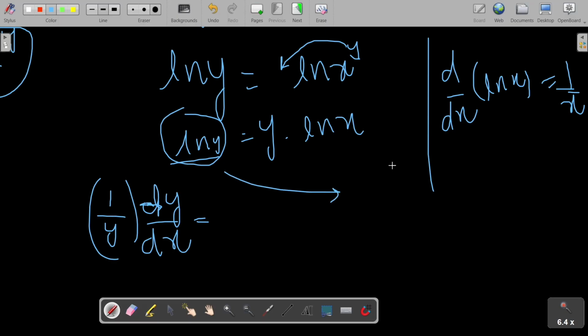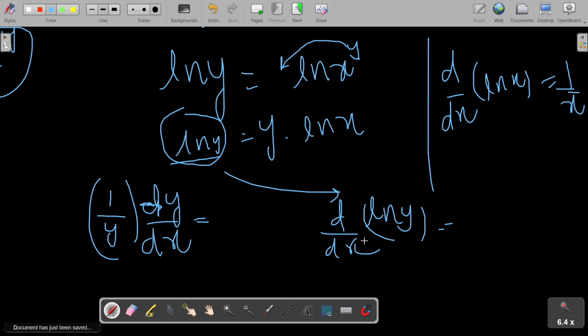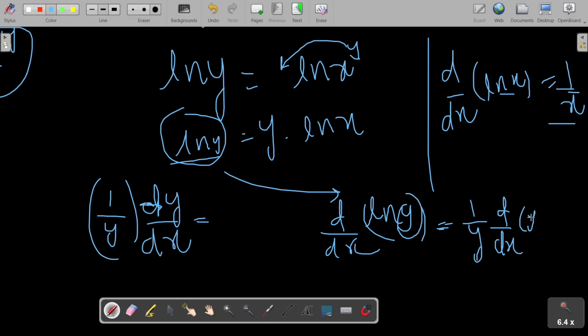So we are finding d by dx of ln y. Like the basic formula, right here we have the argument y, so I write 1 over y. Then using the chain rule, I differentiate the argument part again. So like this, by using the chain rule, I get this.